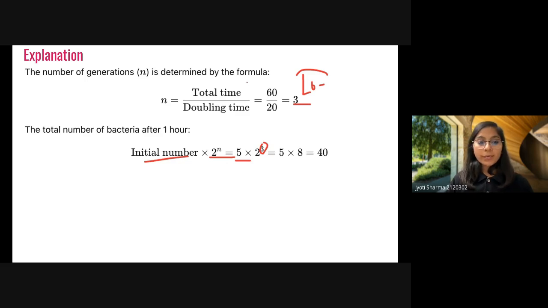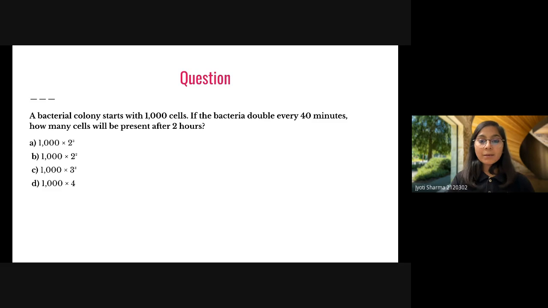Okay, so again the question is: a bacterial colony starts with 1000 cells. If the bacteria double every 40 minutes, how many cells will be present after 2 hours? So here the doubling time is 40 minutes. So 40 minutes, then 40 minutes, then 40 minutes, and you just have to see when you will reach 2 hours.